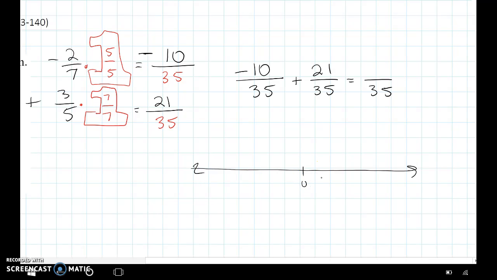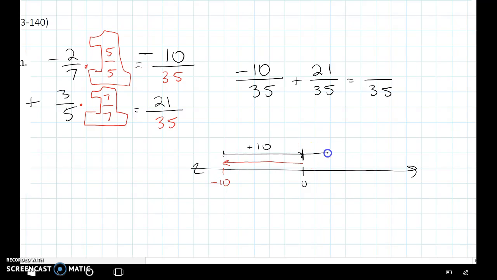Here's 0. And if he jumps all the way to negative 10 here, and then jumps 21 hops back this way, well, I know that if he hopped 10, that would get him back to 0.